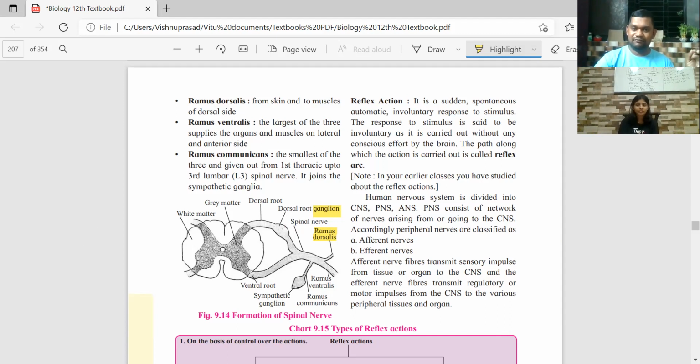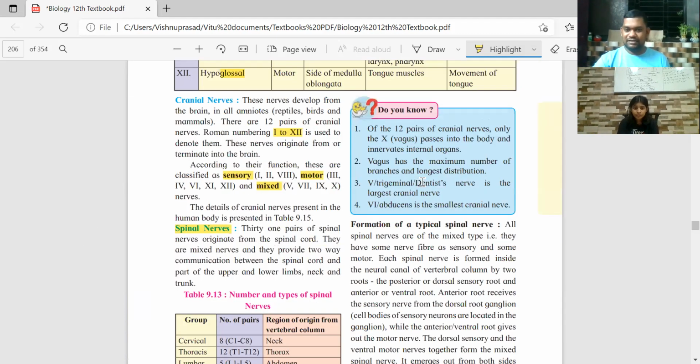We have understood spinal nerve. Before we come to that, see some interesting facts given here about the cranial nerves. We have 12 pairs of cranial nerves. Out of that, only the 10th one, called the vagus nerve, passes into the body and supplies nerves to the internal visceral organs. The rest of the pairs supply the peripheral organs.